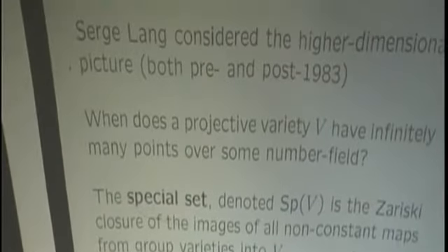So Lang somehow considered higher dimensional generalizations of this, in particular to ask the question, when can a projective variety have infinitely many rational points over some number field? And this led him to the notion of the special set.